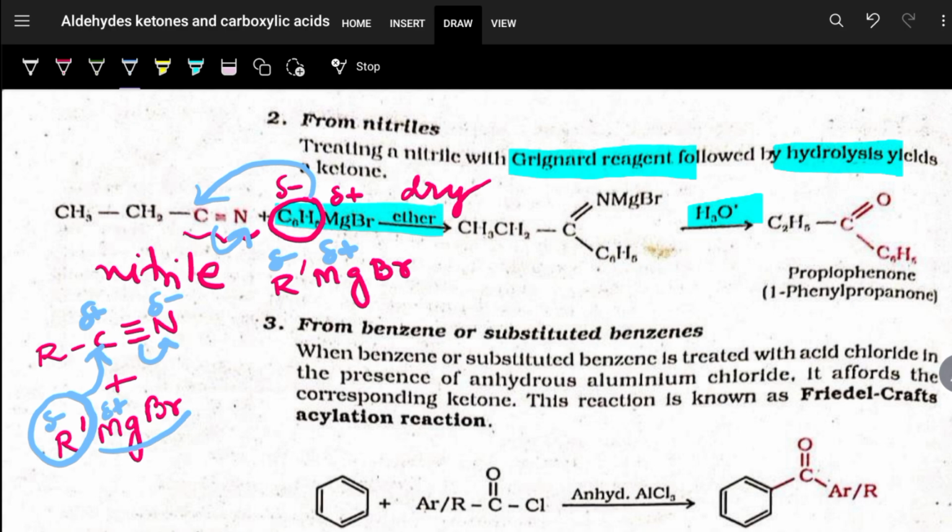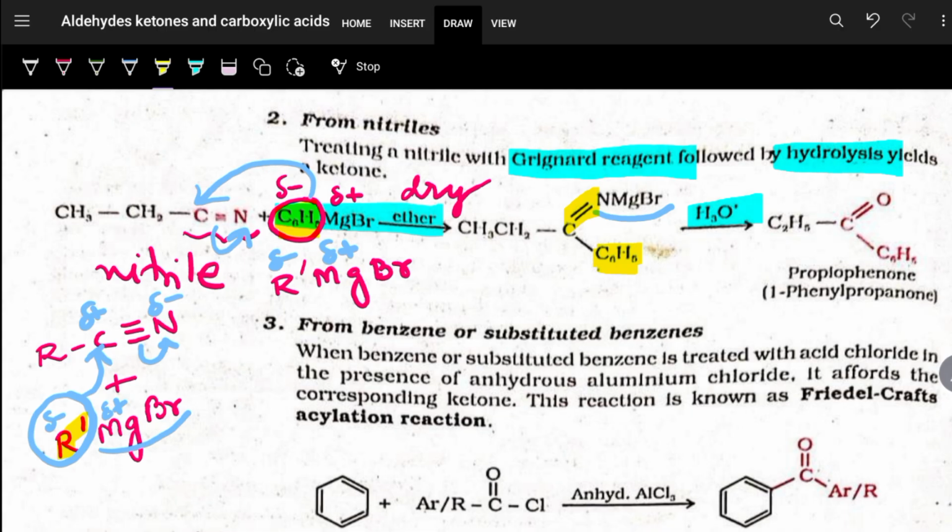That is what is happening here. Since one bond is opening up and it was a triple bond, here you have a double bond remaining. And C6H5 or R- has actually attacked, and so you get the linkage here.